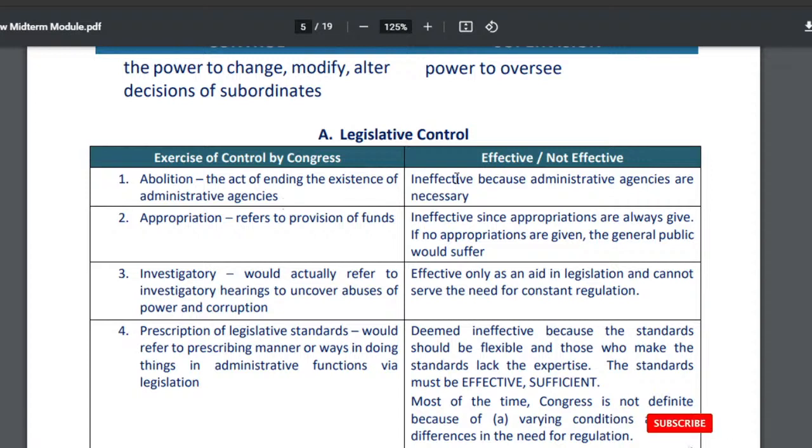Abolition is one. Okay, now this is not effective because we all know that because of the multiplication of governmental functions, because of the complexity of the roles and functions in our government, there's a need for these administrative agencies.